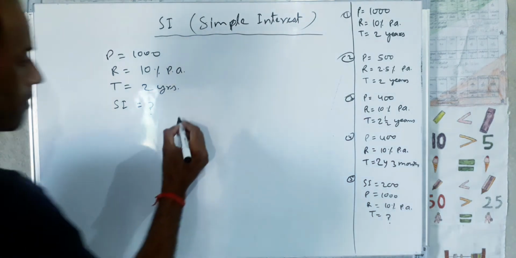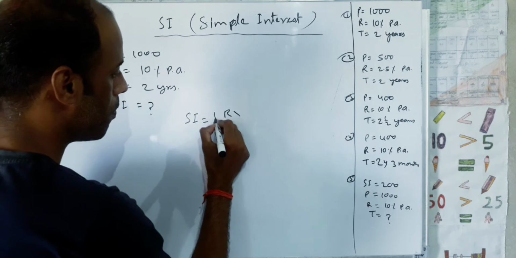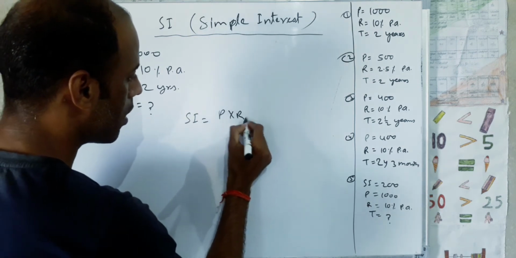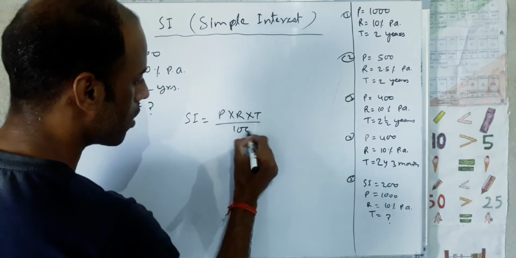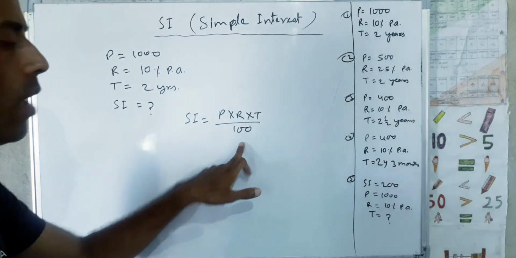So look here, SI means P into R into T upon 100. Principal into rate into time upon 100.